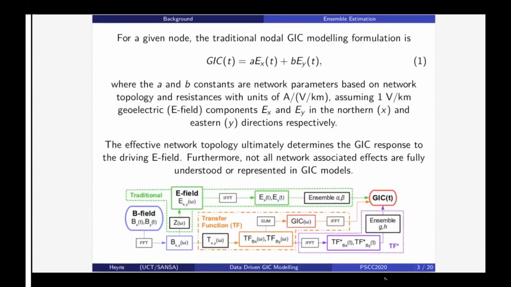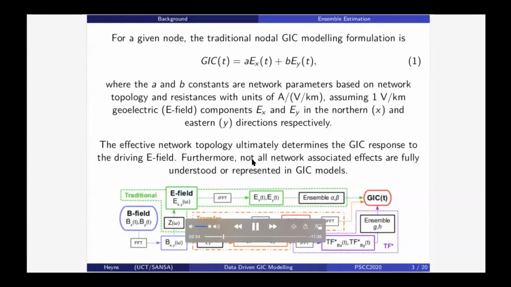This is the traditional modeling formulation, which takes the B field or magnetic field and assumes through some transfer function an electric field and then applies network parameters for alpha and beta to get GIC.